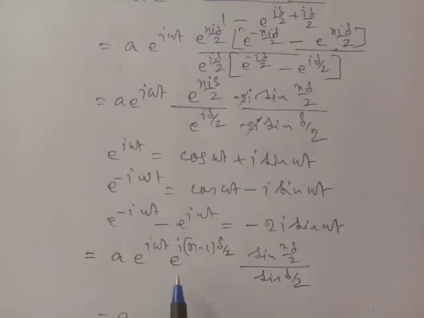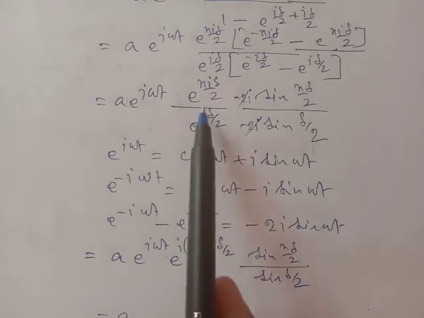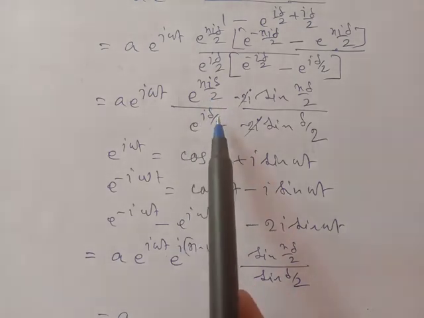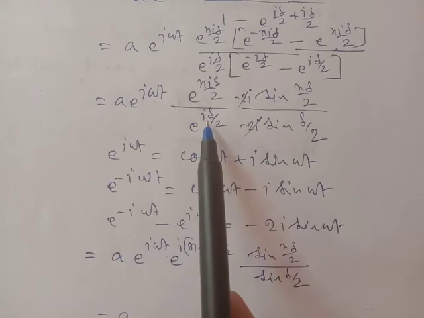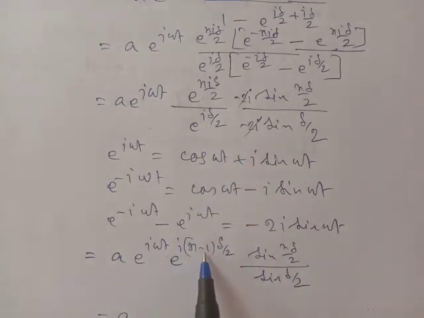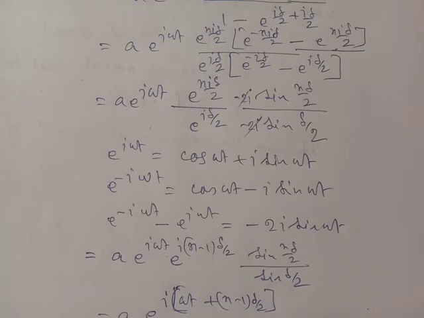Next we can write this term as e to the power n i delta by 2 minus i delta by 2, that is equal to i n minus 1 delta by 2, a e to the power i omega t, and the second term will remain as it is. And this you can write like this, e to the power i omega t plus n minus 1 delta by 2, sine n delta by 2 over sine delta by 2.